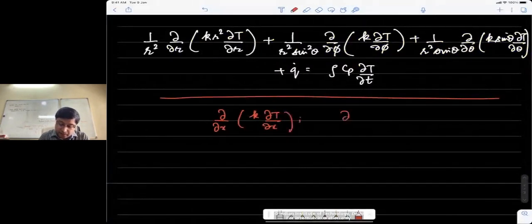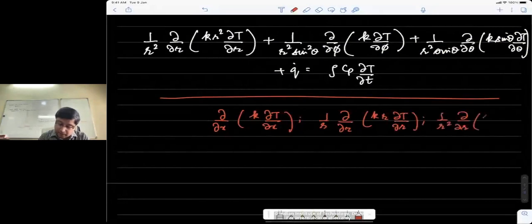In cylindrical, it became 1 by r d by dr of k r dt dr, and in spherical it has become 1 by r square d by dr of k r square dt dr. And this is the variation that we will be more interested in this course.